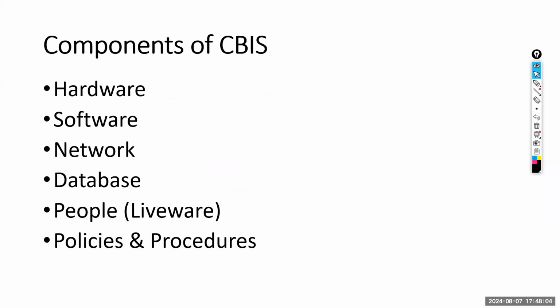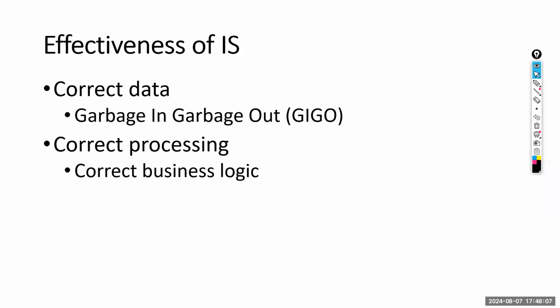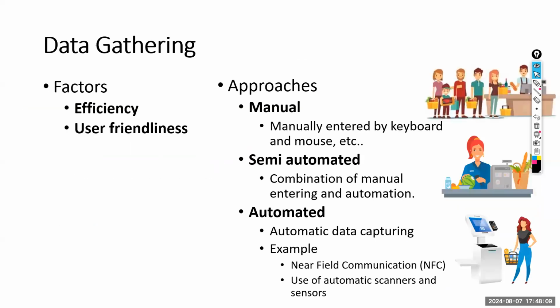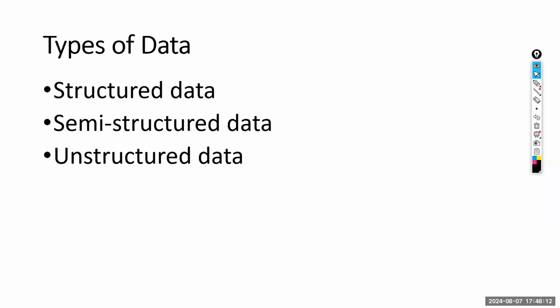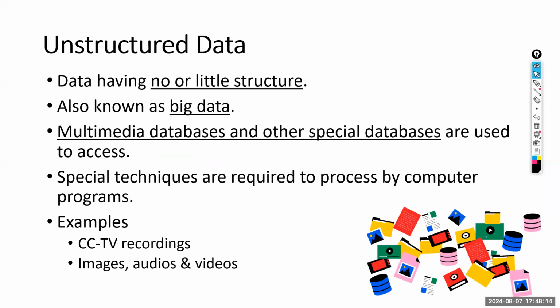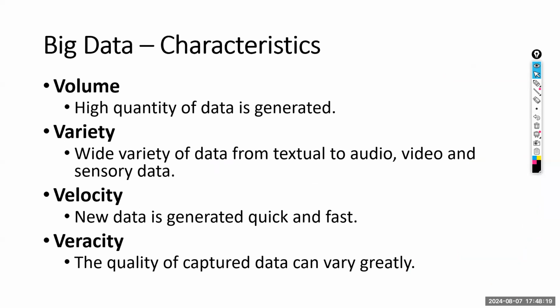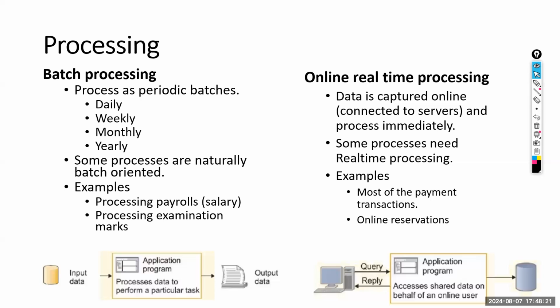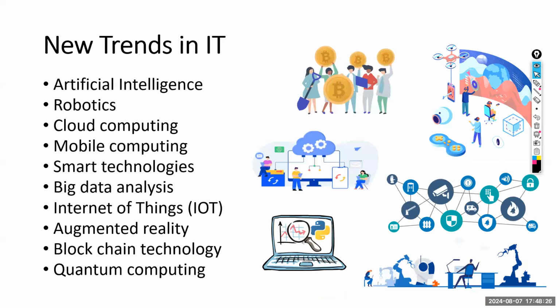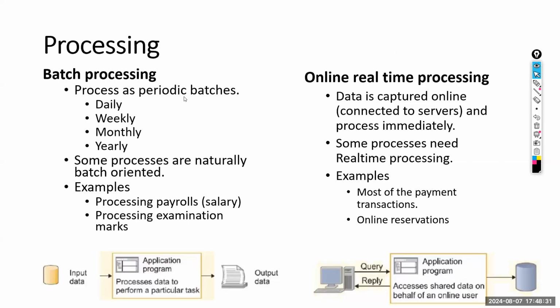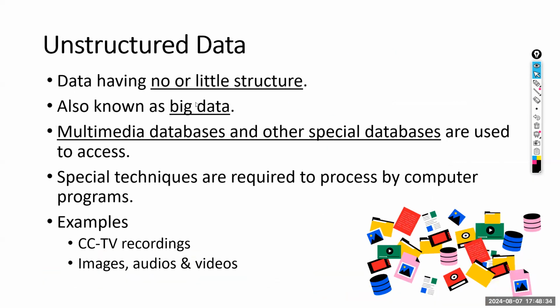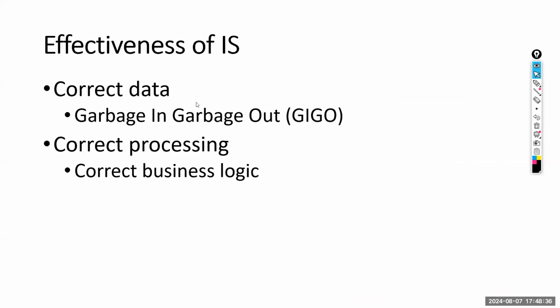So, the evolution from manual information systems to computer-based information systems. And a little more detail about the data processing cycle, different types of data, structured, unstructured, and semi-structured, and different types of processing like batch processing versus online real-time. That will be the end of topic 1.1. But anyway, we'll go through that next time, and in parallel we'll start the introduction to computers. So this is how our subject goes.